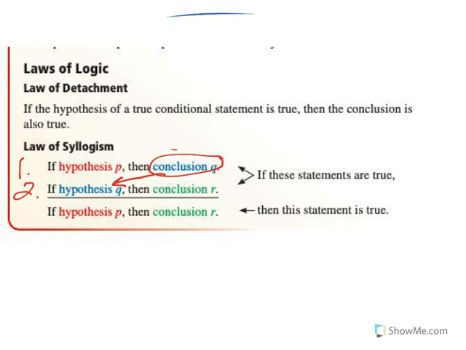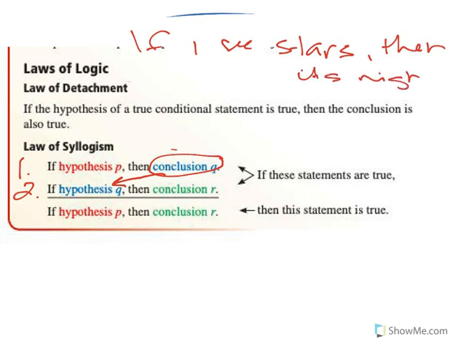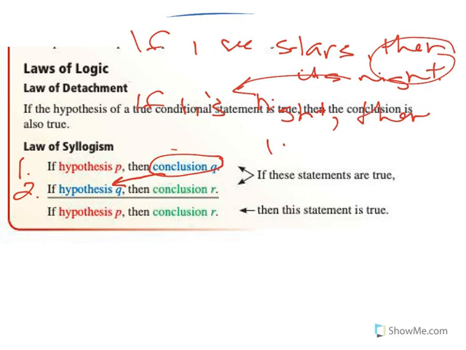So number two would be, if it's nighttime, then I'm tired. So the first statement is, if I see stars, then it's night. Then, if it's night, see how it goes from this conclusion to this hypothesis, then I'm tired.